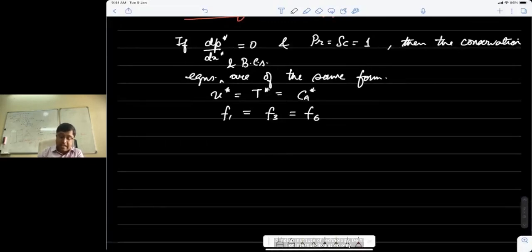These three solutions will be the same functional forms. And more importantly, the derivatives, du star dy star at y star equal to 0, dT star dy star at y star equal to 0, and dCA star dy star at y star equal to 0, will also be the same, which means f2 would be the same as f4, which would be the same as f7.